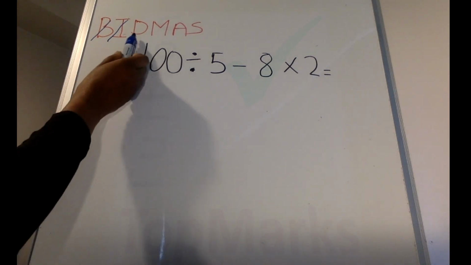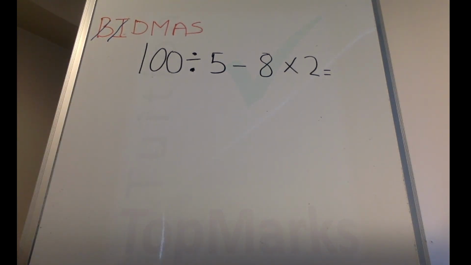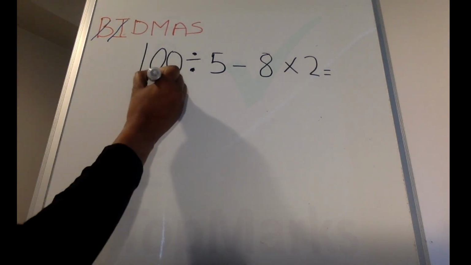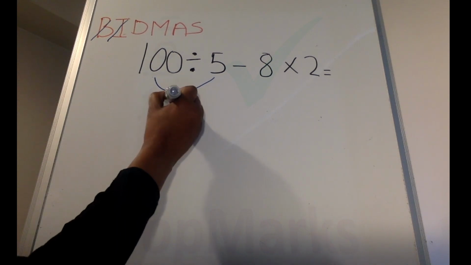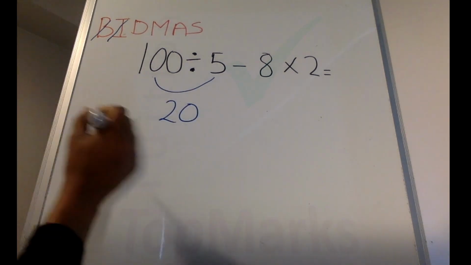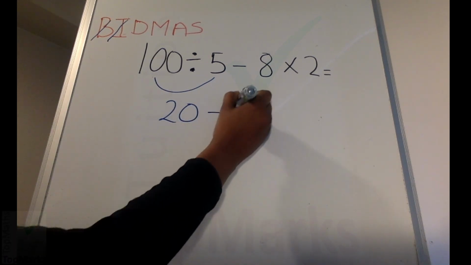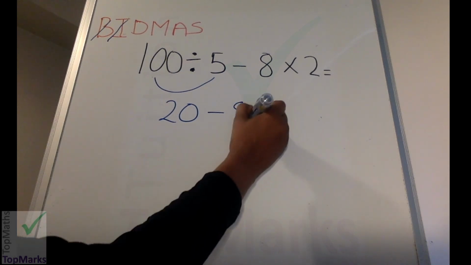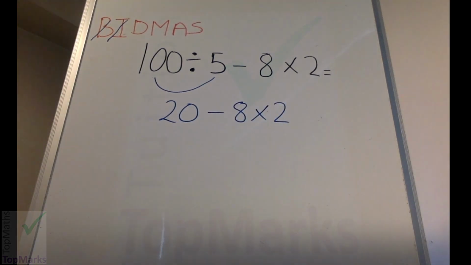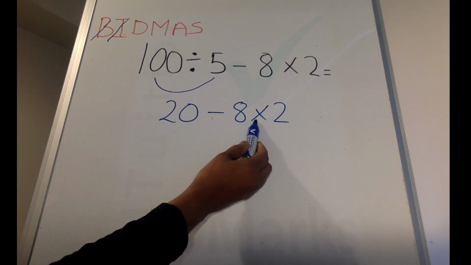BIDMAS tells me to do division ahead of any other of the operations. 100 divided by 5 is 20. So the next stage of my calculation would be 20 minus 8 times 2. I now have subtraction and a multiplication.